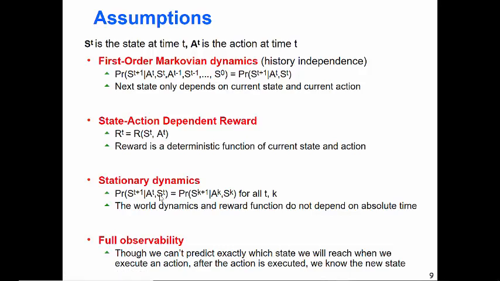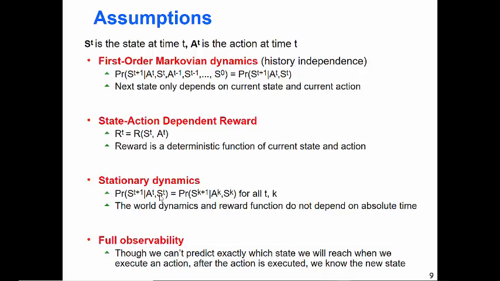And then we're also assuming full observability, and this is probably the biggest assumption that Markov decision processes make: assuming that you can observe the full state of the system. In the real world, we can rarely ever do that. In virtual worlds, you can do that to some degree. So there's a whole class of problems or models called partially observable Markov decision processes, and those relax that assumption.